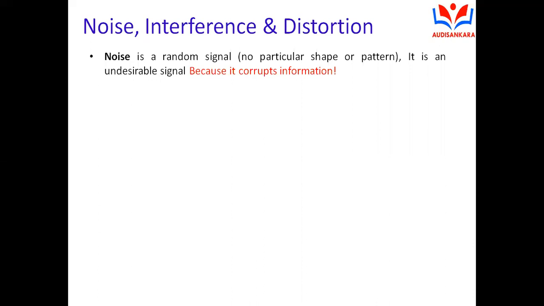There is no particular shape or pattern, and there is no possibility to calculate the frequency and amplitudes. So noise is a random signal. It is an undesirable signal. It's not required for us.